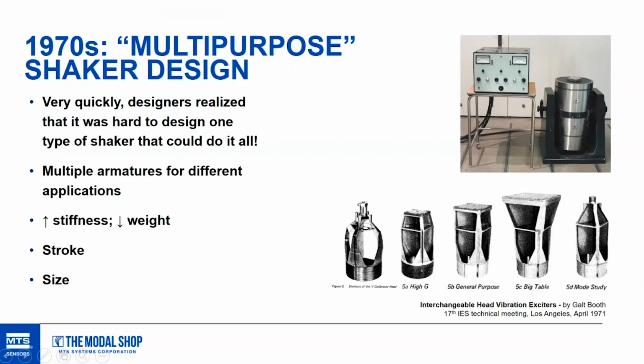So each one of these tables was optimized for a particular application. You couldn't do it all with just one configuration, or perhaps the general purpose head was kind of a middle term for that. So that was a clever solution, but of course, probably not the most cost effective, because you had to have multiple heads to be able to tackle all the different applications.